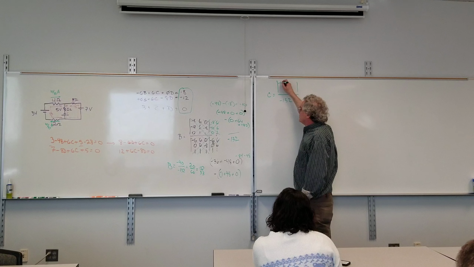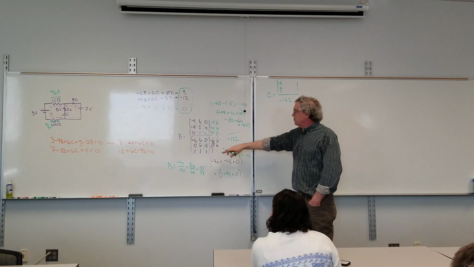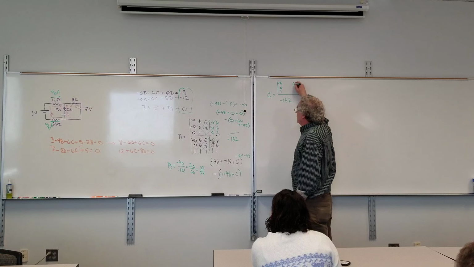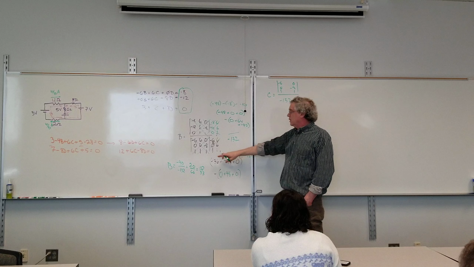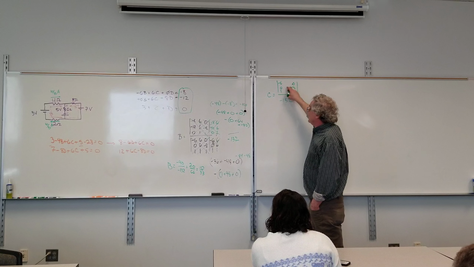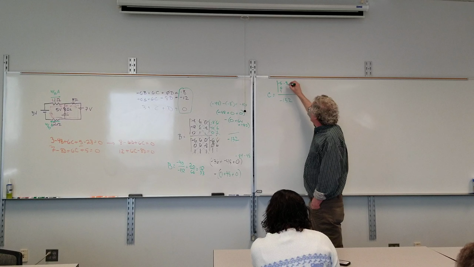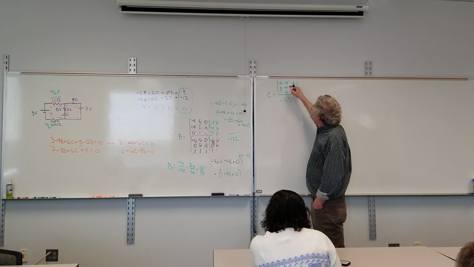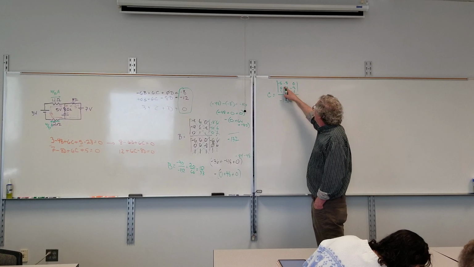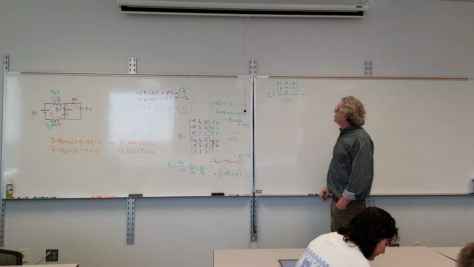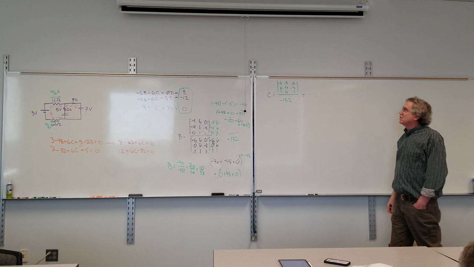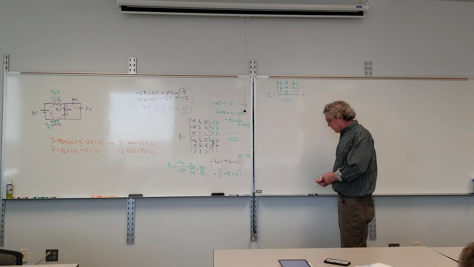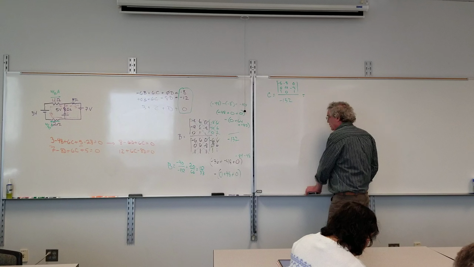So this will be negative 6, 0, 1 in the first column, same as there. This is 0, negative 8, 1, same as there. But it's the middle column that gets replaced, so negative 8, negative 12, 0. And doing the repeated column method.